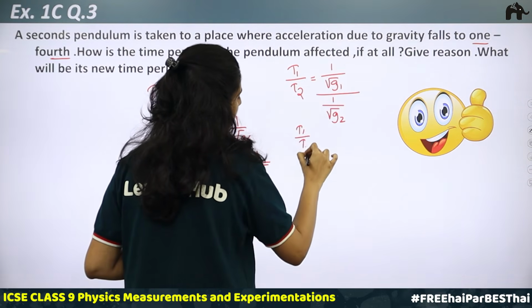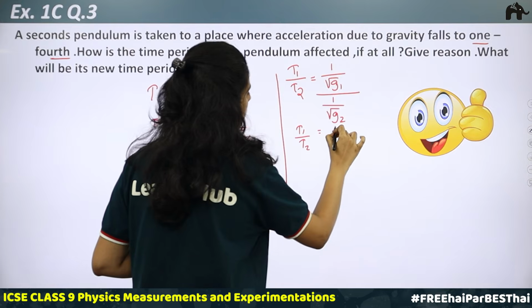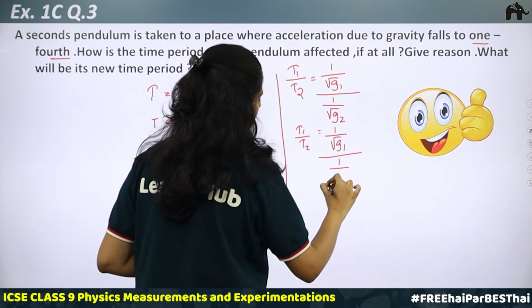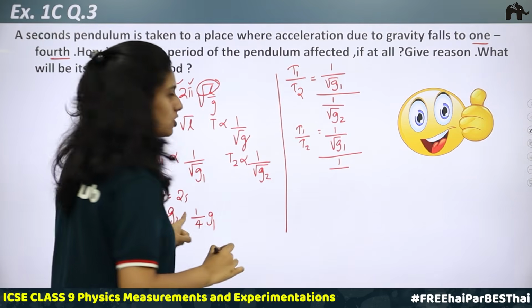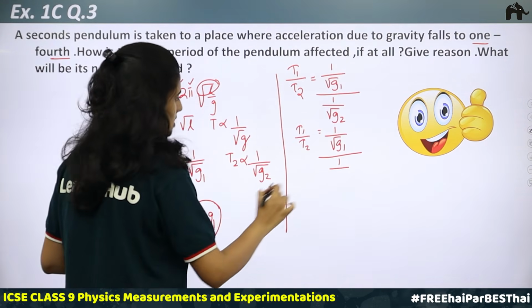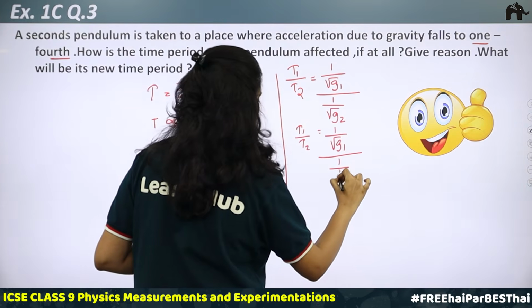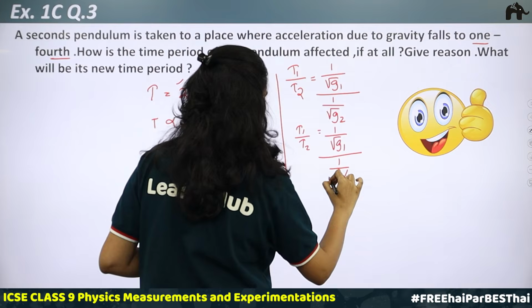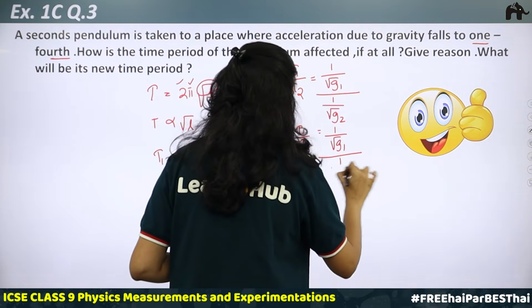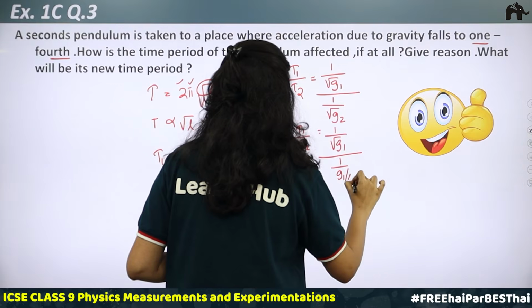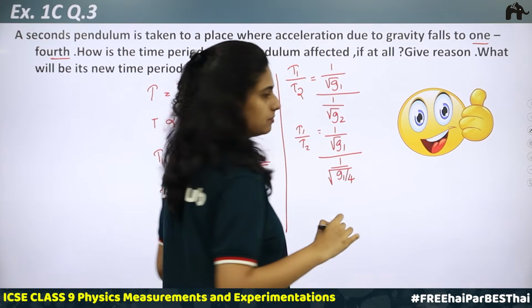T1 by T2 is equal to 1 by root g1 divided by 1 by root g2. g2 is equal to 1 by 4 g1. So this is 1 by g1 divided by 4, and we have to take the root of it.